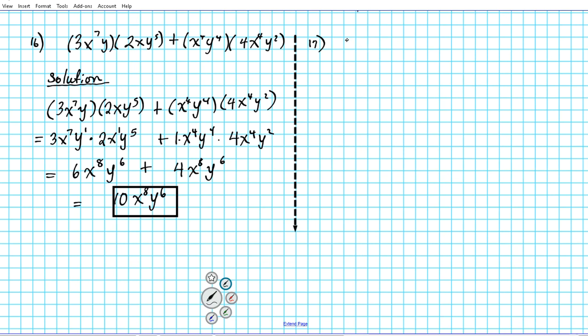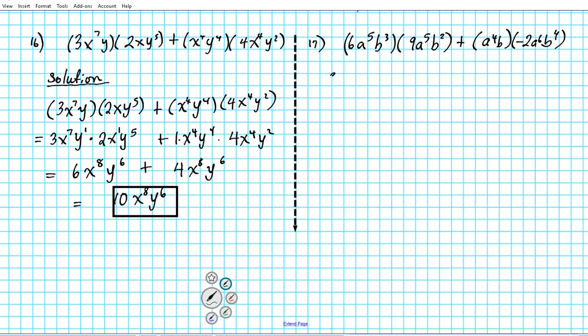All right, so question 17, you have to simplify 6a to the 5th, b to the 3rd times 9a to the 5th, b square, plus a to the 4th, b, times negative 2a to the 6th, b to the 4th.